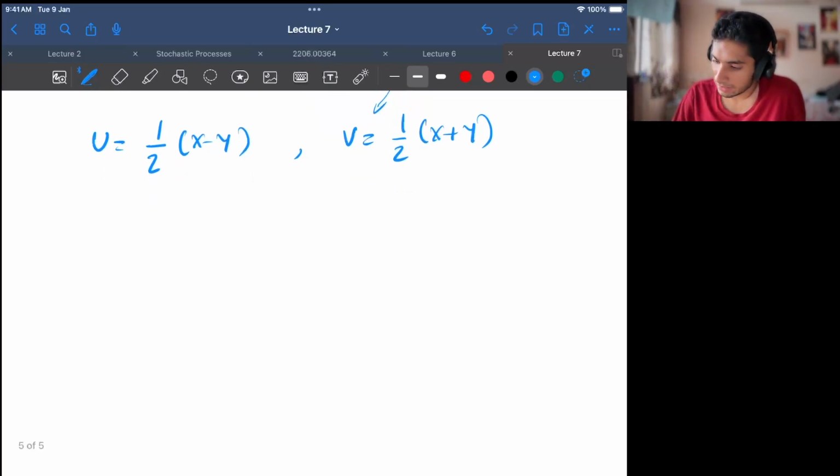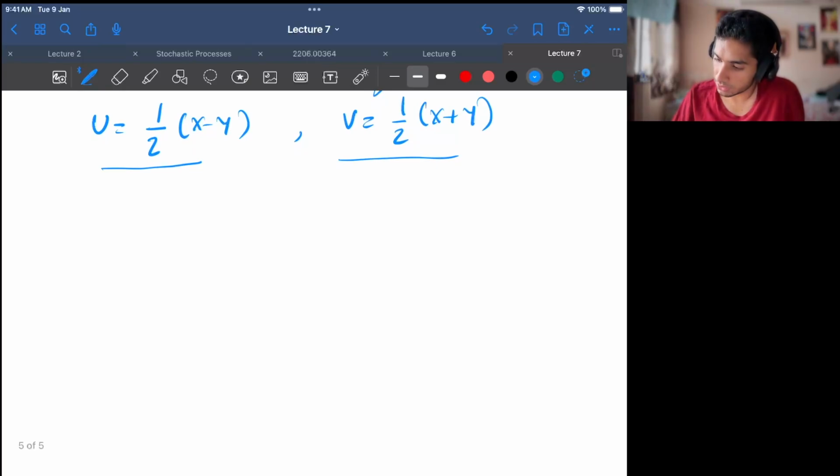Okay. So if this is the case, can we find the joint distribution of u and v? Yeah, we can, using transformation of random variables, right? How to do that? For that we first need to find the value of x and y in terms of u and v. So from here, what will be the value of x?